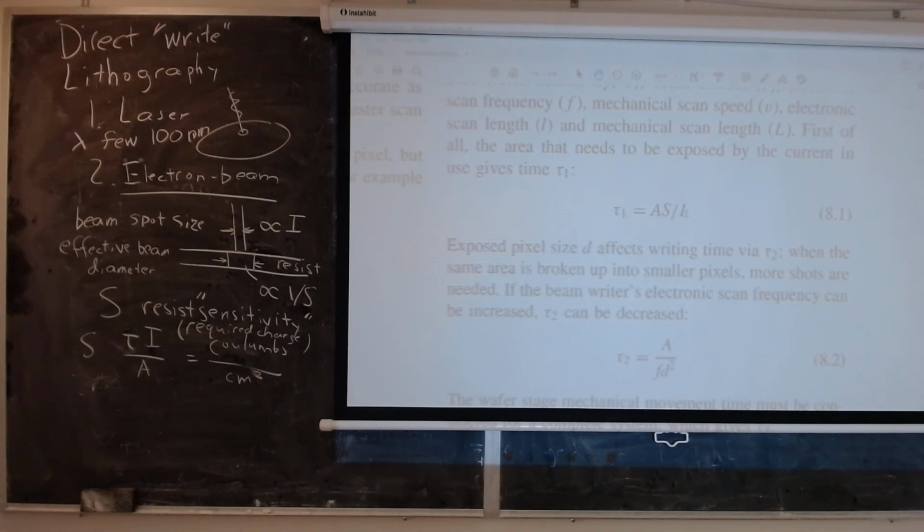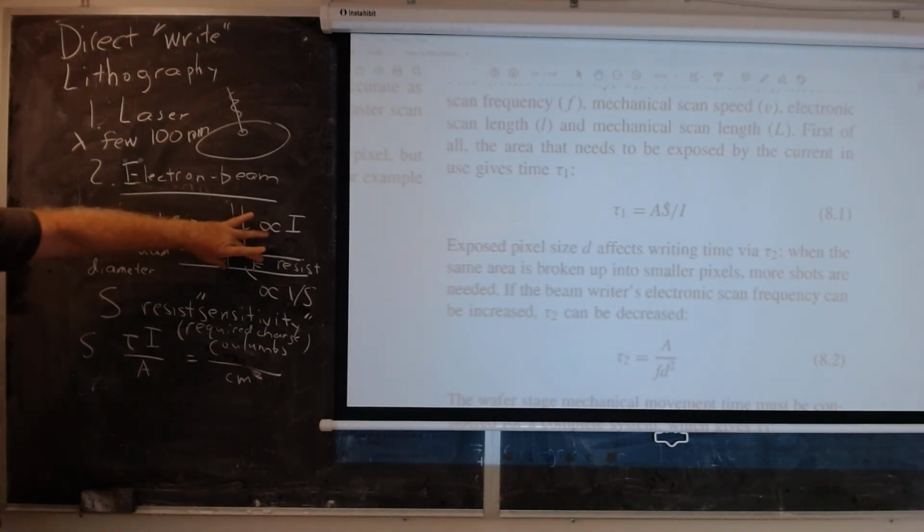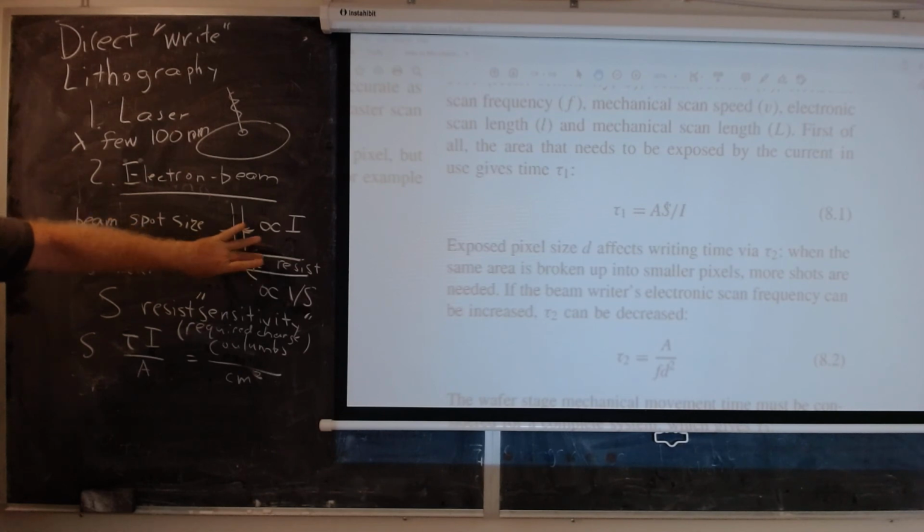I could increase my beam current to do that, but then my beam diameter gets bigger. I could decrease S, meaning it would require less charge, but as I decrease S, the effective beam diameter goes up.